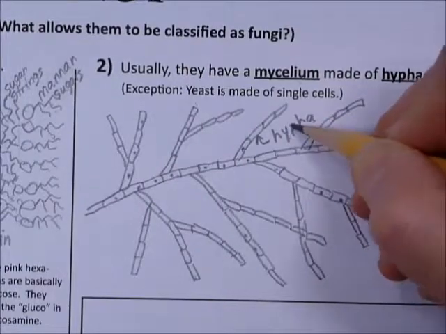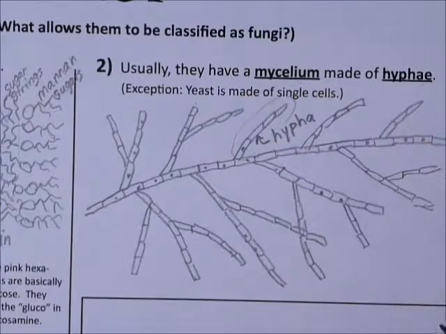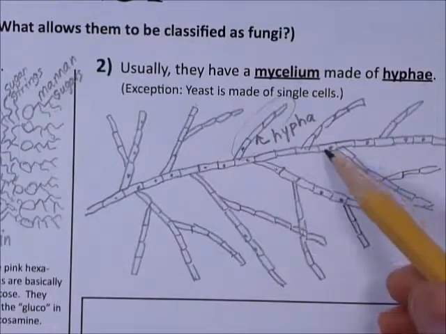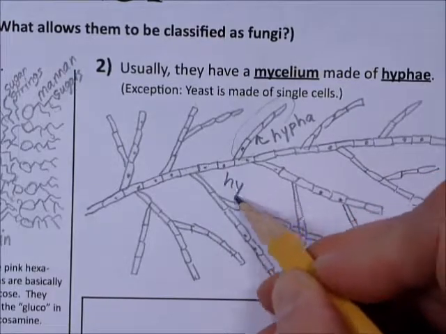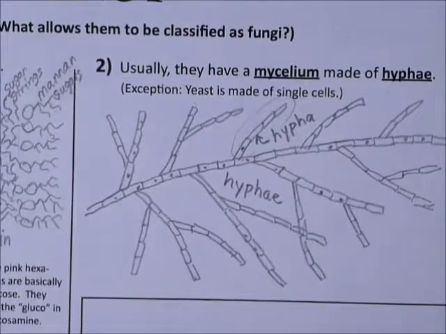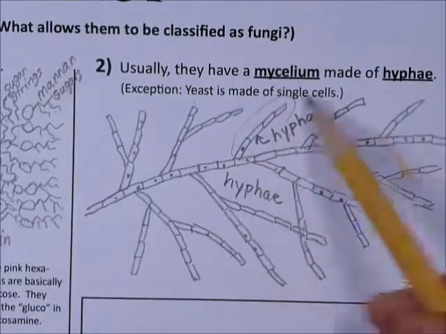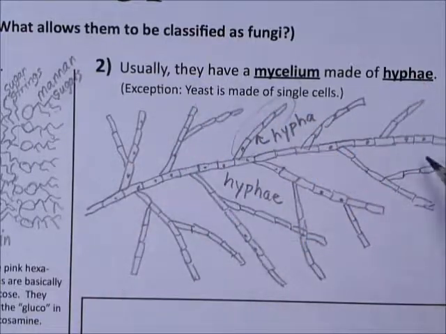Hypha is singular, so if I'm talking about this piece right here, I'd call it a hypha. If you're talking about a bunch of these things, they're called hyphae, with an AE on the end. That's plural. So one is a hypha, a whole bunch is the hyphae, and if you're talking about the entire thing, it's the mycelium.